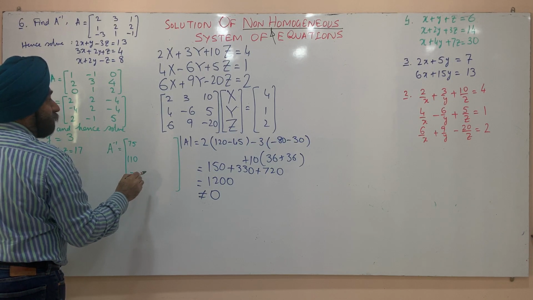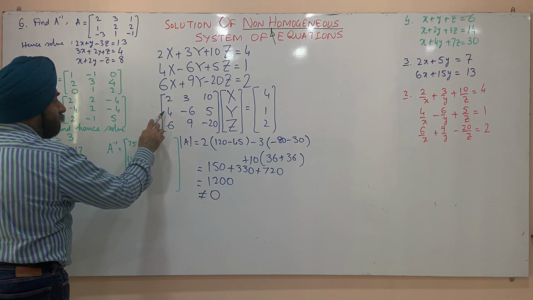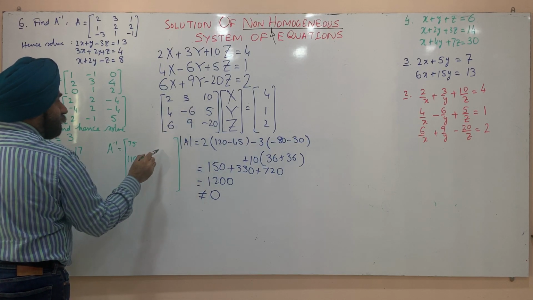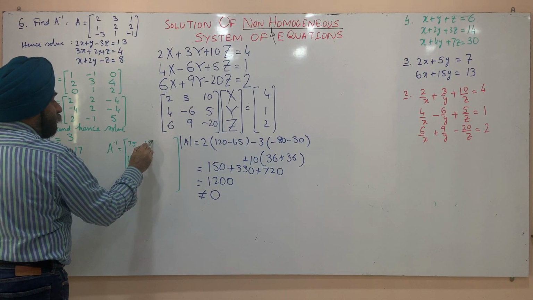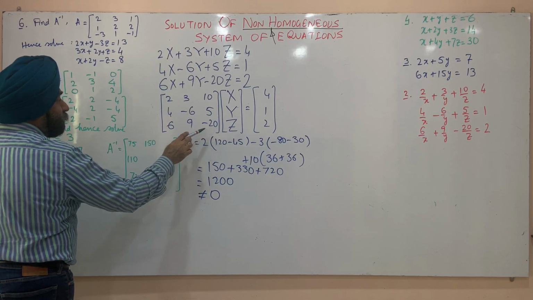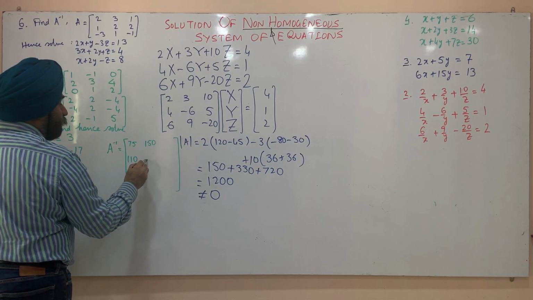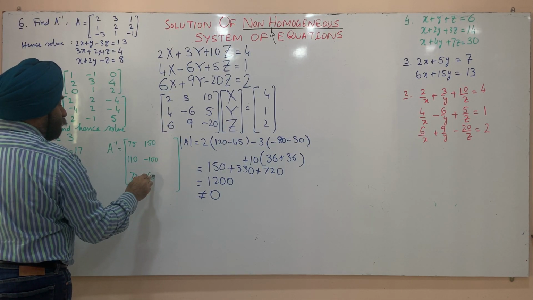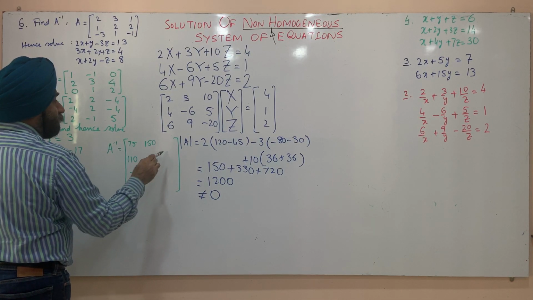This is 72. Now coming to the elements of second row, minus 60 minus 90, minus 150. So 150 because of position. Minus 40 minus 60, minus 100. Then it's 18 minus 18. This is 0.